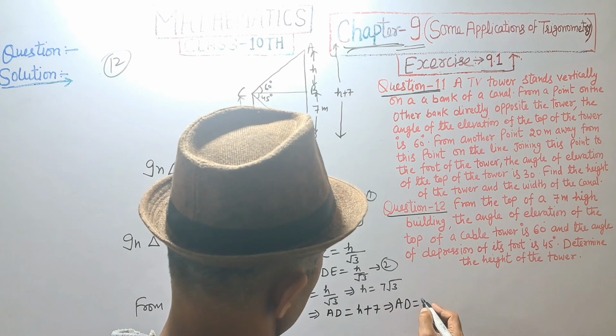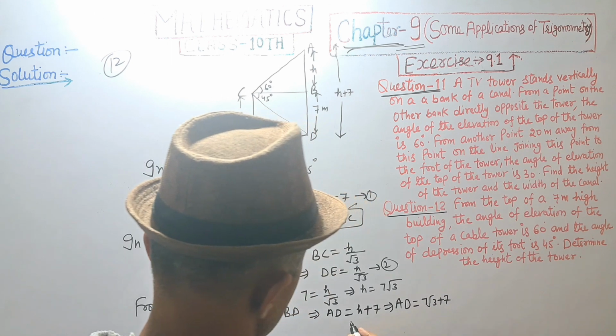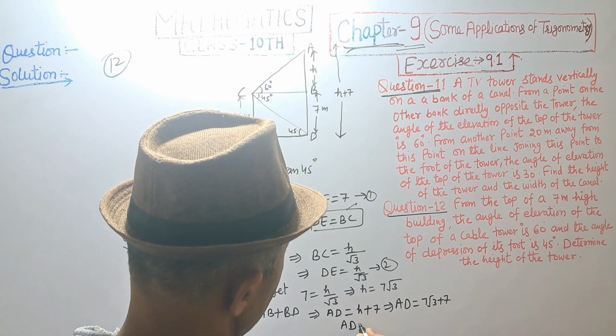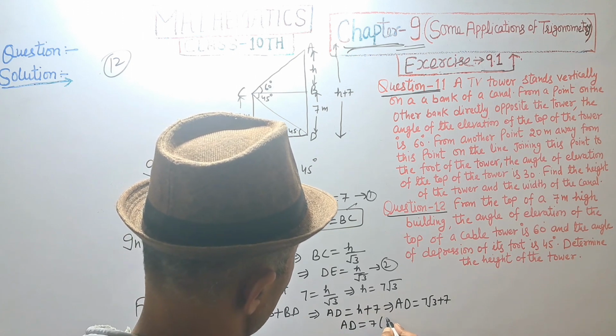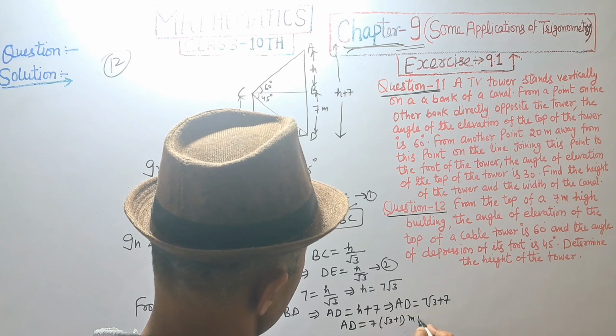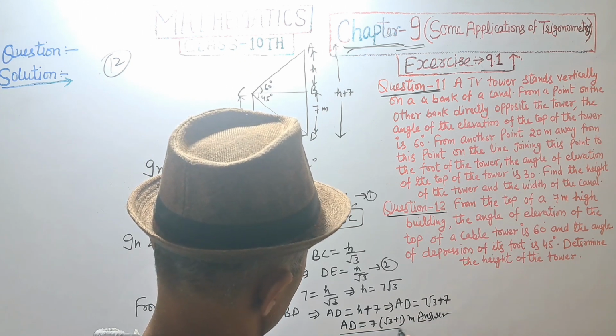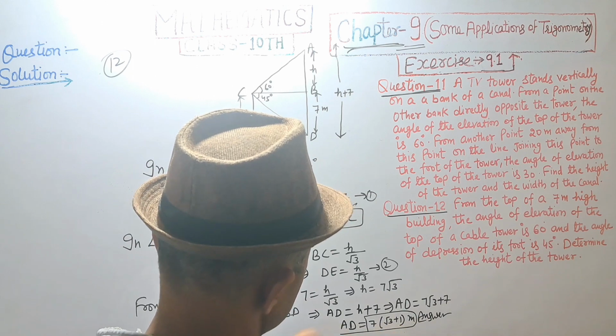AD is equal to 7 root 3 plus 7. AD is equal to 7, taking common, root 3 plus 1 in brackets meters. Answer.